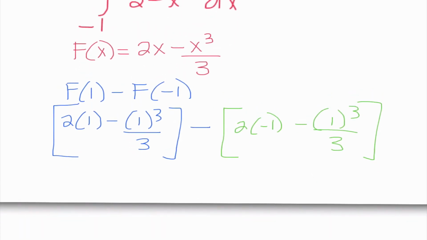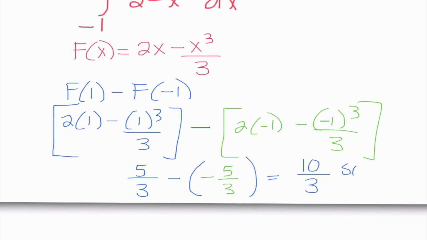Doing my work here, I get 2 minus 1/3, which gives me 5/3, minus, and this should be a negative, -2 plus 1/3, which would give me -5/3. So when I add these, I get 10/3 square units.